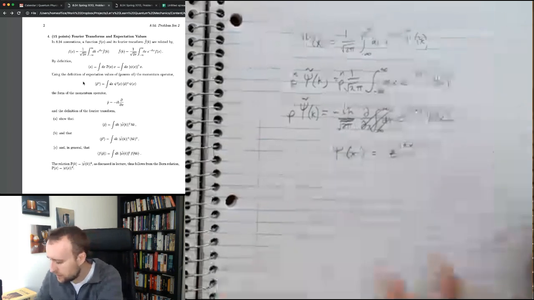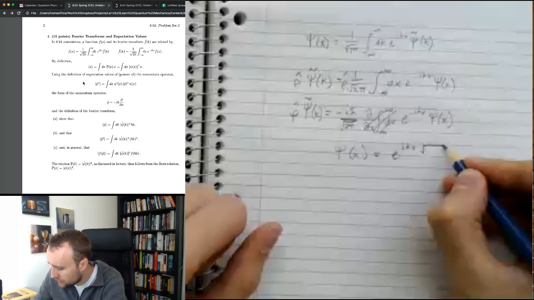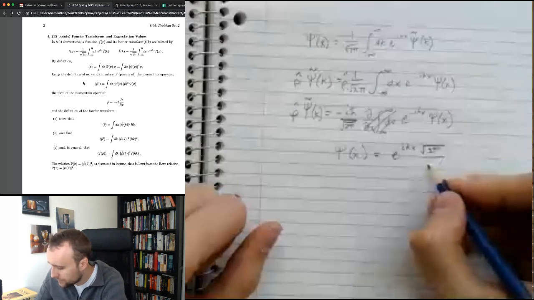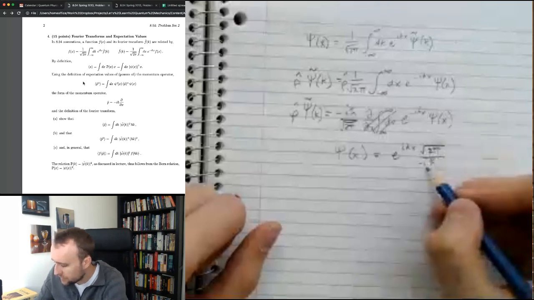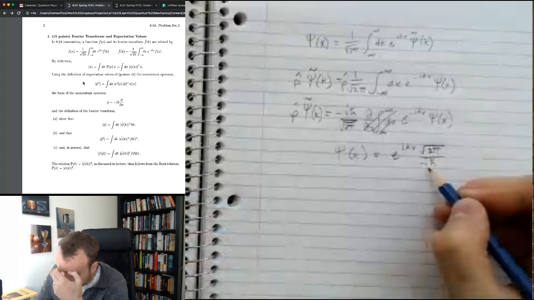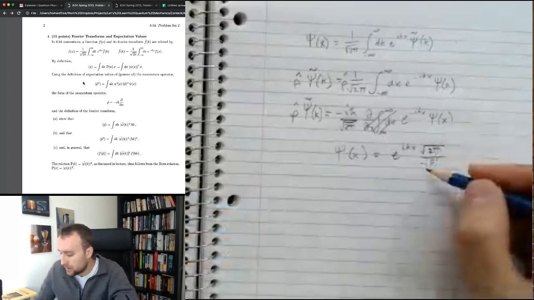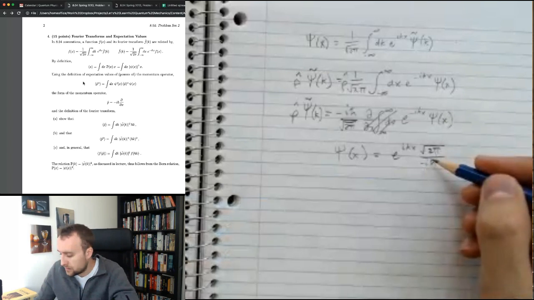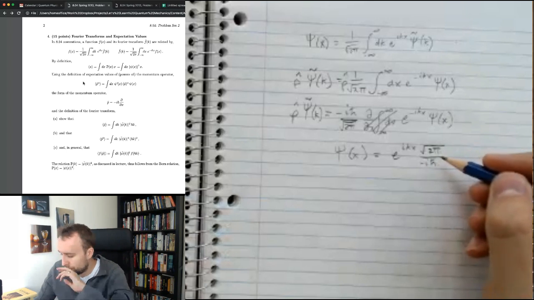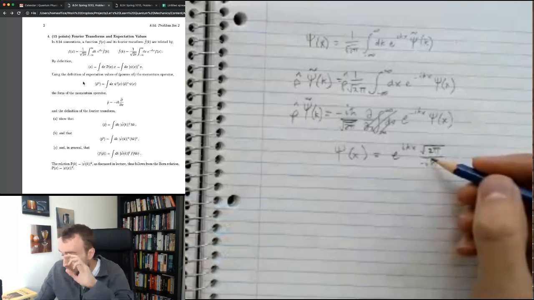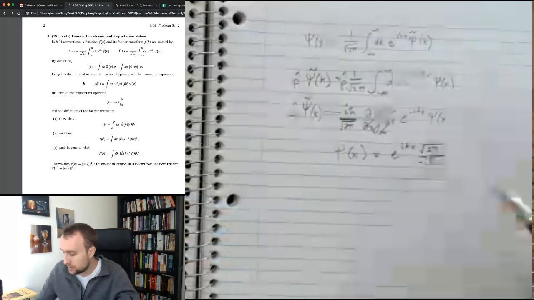So I could just do this quickly, but I want to make sure I don't screw up the math here. 2 pi over negative i h bar, because this ih bar is, sorry, we can factor out the minus 1 here.